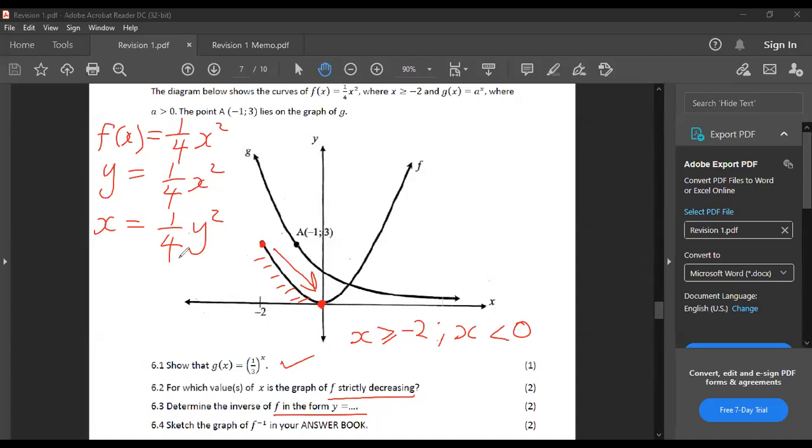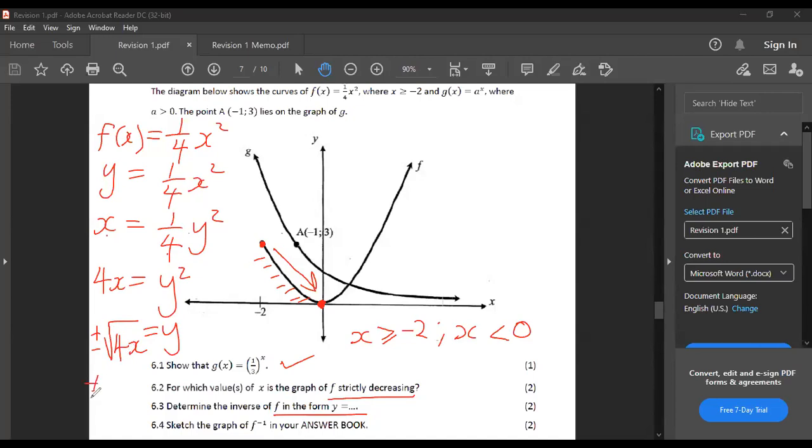Making y the subject, that means this 4, remember, is a denominator. I can cross multiply, so it will be 4x is equal to y squared. Now to find y, I have to find the root. So y is equal to plus or minus the root of 4x. I can go further because I know the root of 4 is 2.